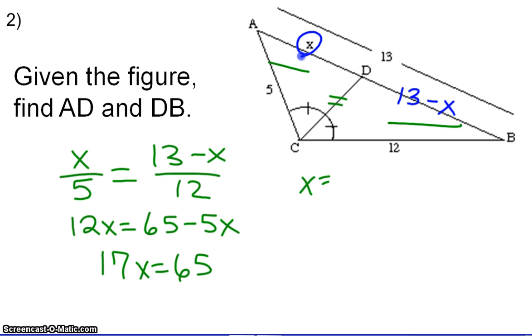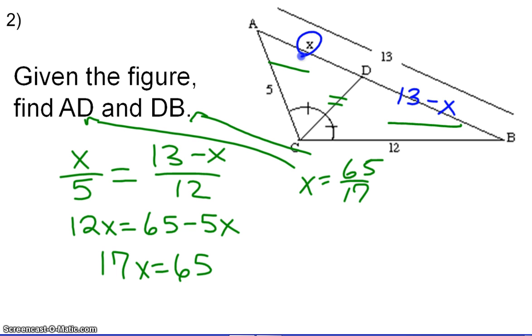Now when we solve for x, we get 65 over 17. We can go ahead and use that x value to solve for sides AD and DB. You can finish that for tomorrow.